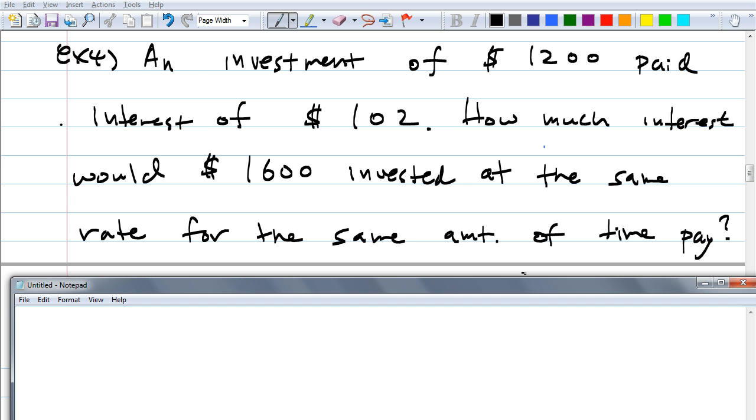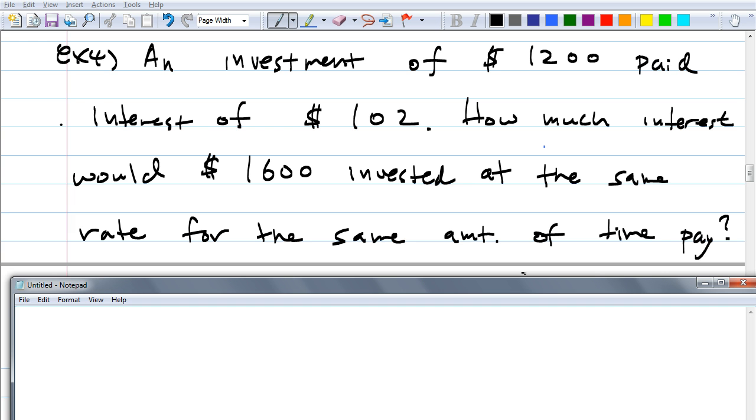So if you invested $1,200, how much do you get back? 102. Okay. If you invest more money, like $1,600, how much do you get back? X. That's what we don't know, right? By the way, do you expect the answer to be more than $102 or less than? It's got to be more. You're investing more because they said it's for the same amount of time and the same rate, right? So, what is our unknown here? Matthew?